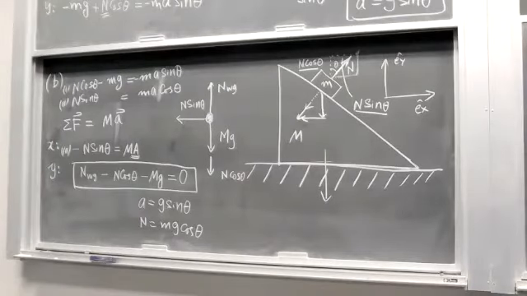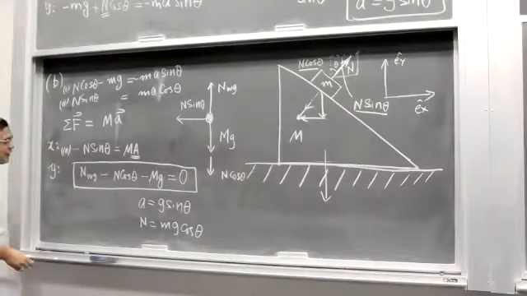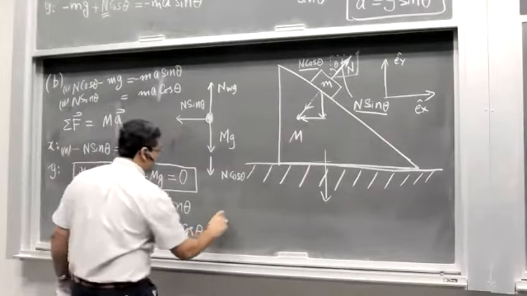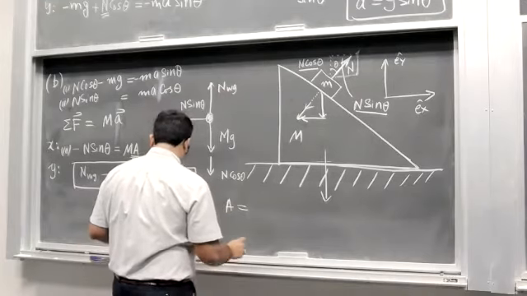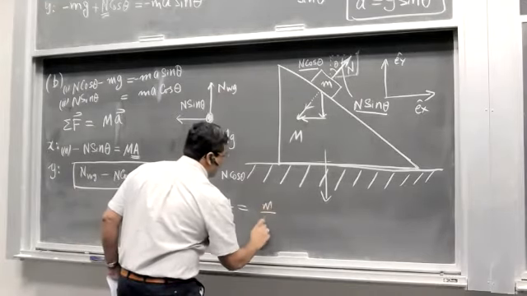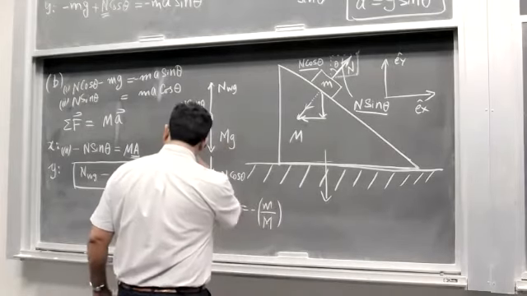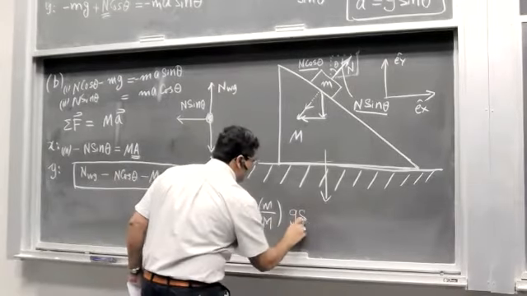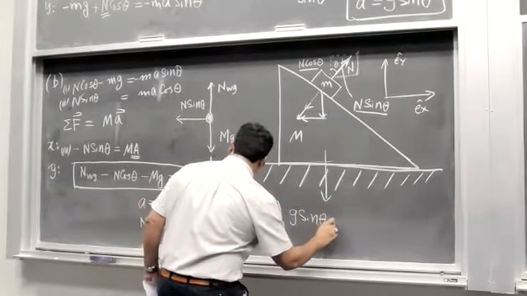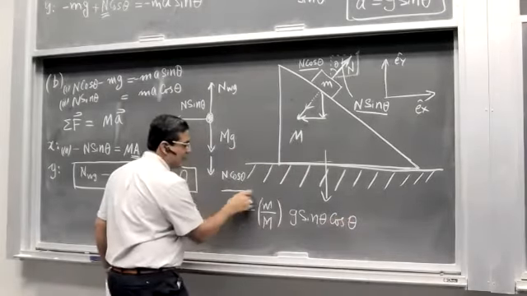Okay, so then you substitute the mg cosine theta, the value of n, in this equation, and this would then give you acceleration A equals m over M minus m, g sine theta cosine theta. Is this correct then?